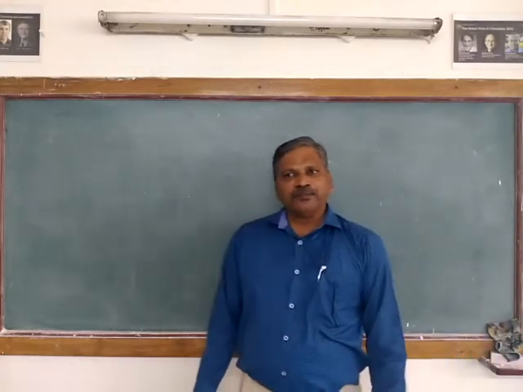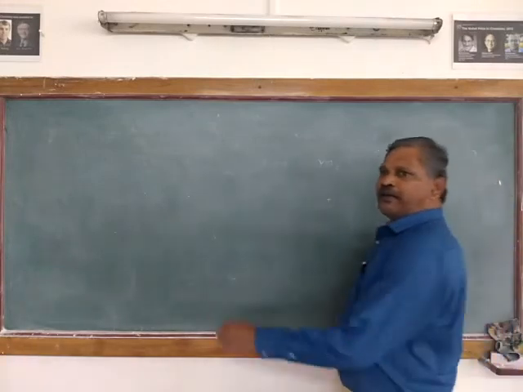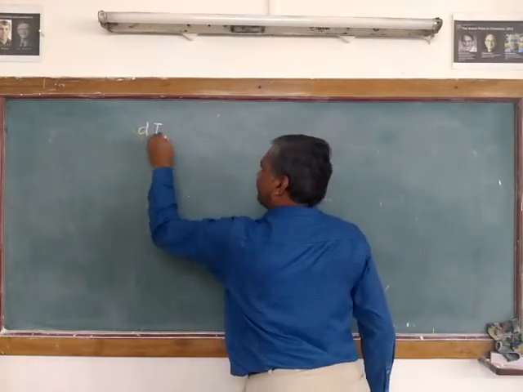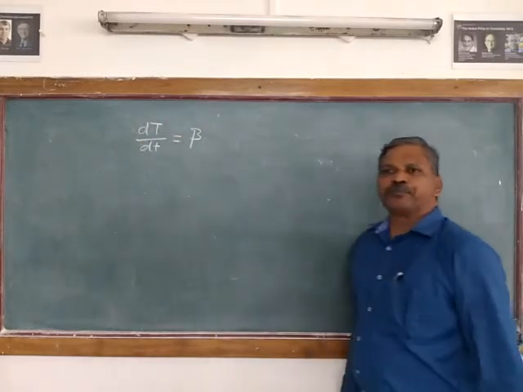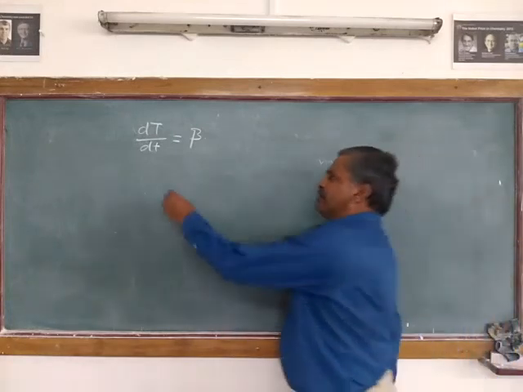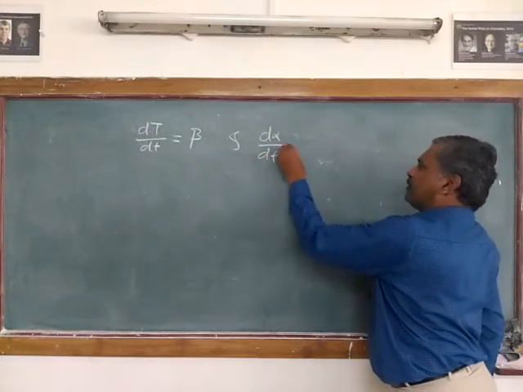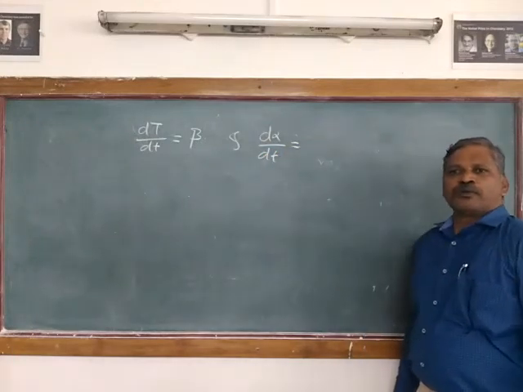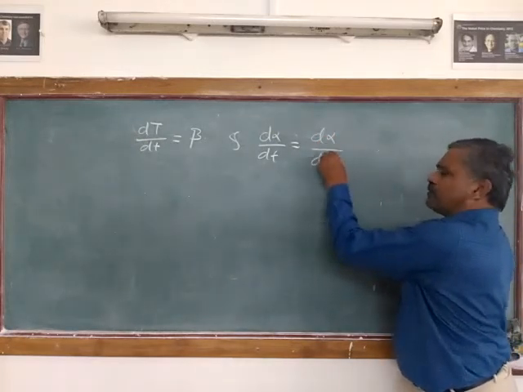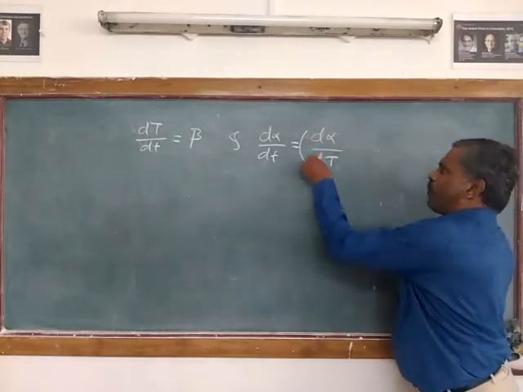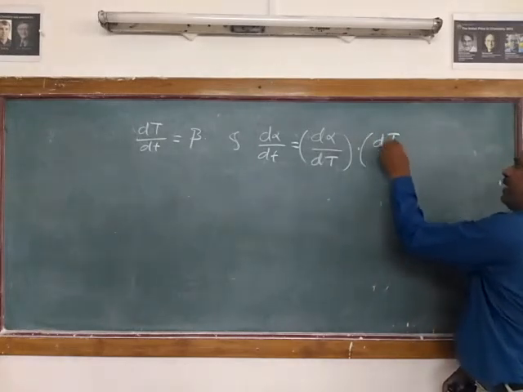If we combine the linear heating equation, dT by dt is equal to beta, and d alpha by dt is equal to d alpha by dT into dT by dt.